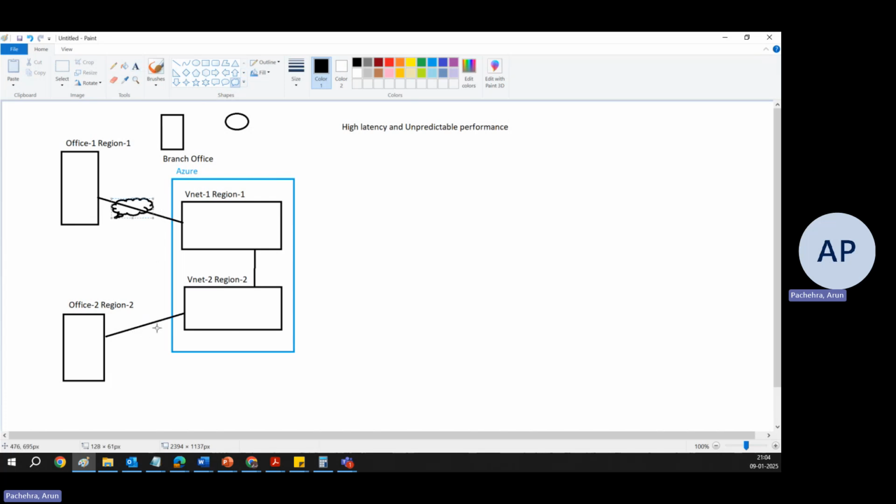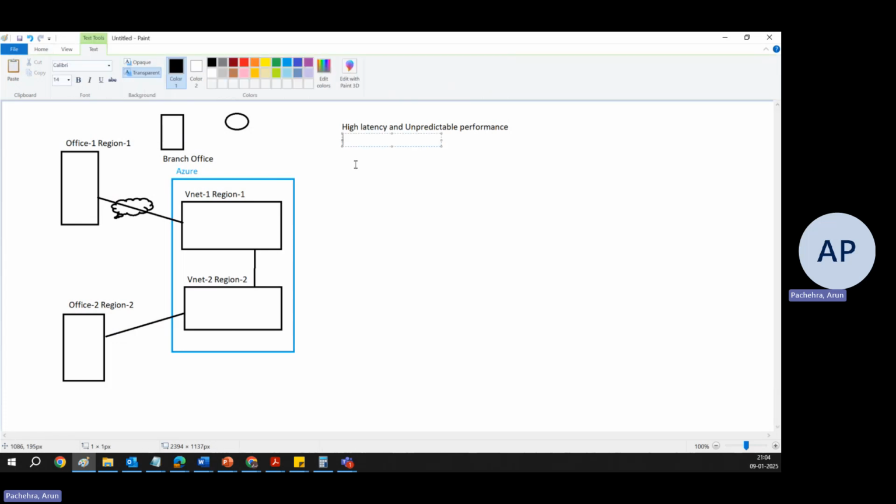This may be MPLS, right? Let's take all the examples, but we cannot have MPLS everywhere, right? So the point is, public internet based connections lead to scenarios like route inefficiencies, right?